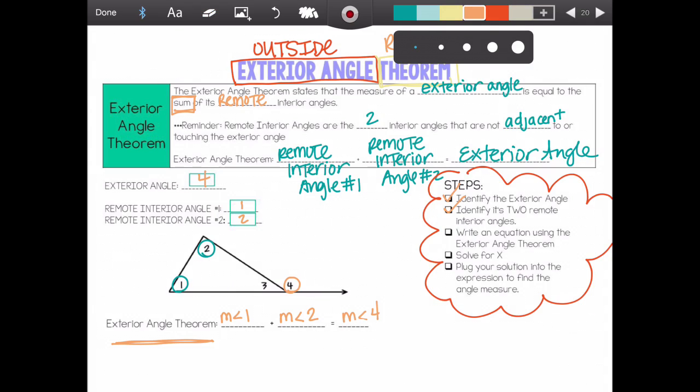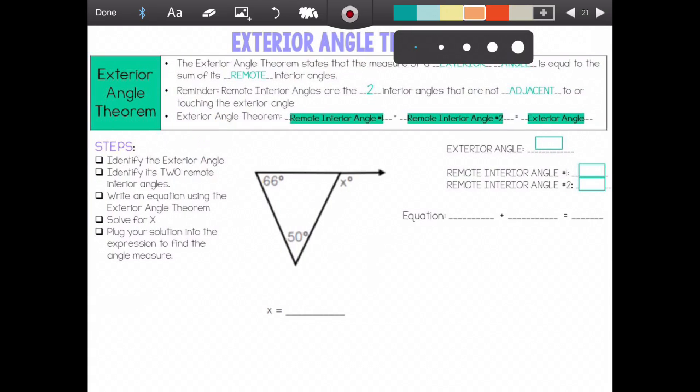Okay, so let's look how this would look in an actual situation where we are solving for the measure of an exterior angle. So we have this example here. It gives us the triangle, two angles, and then it gives us the exterior angle as x.